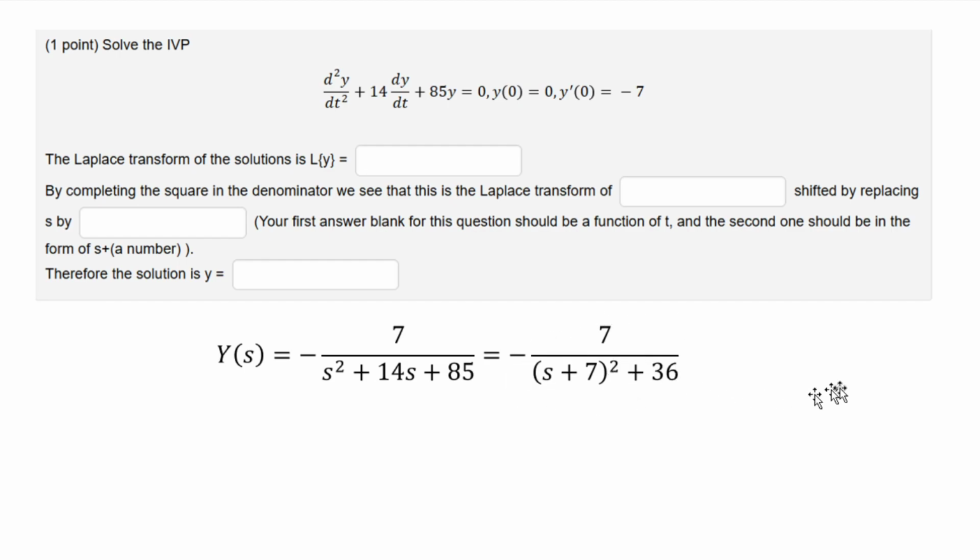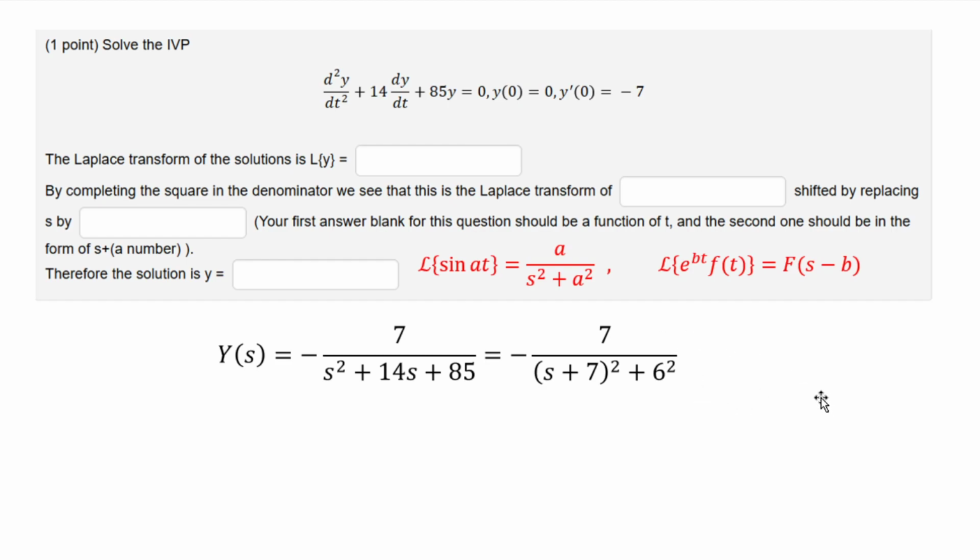Now that you've written it like this, that's what we call completing the square. However, for Laplace transforms, you have to do one more step, which is to rewrite this 36 as 6 squared. That's just because of the way the formulas are written in the Laplace table, as you can see a little later. Alright, so once you're at this stage, you can actually just consult the Laplace table.